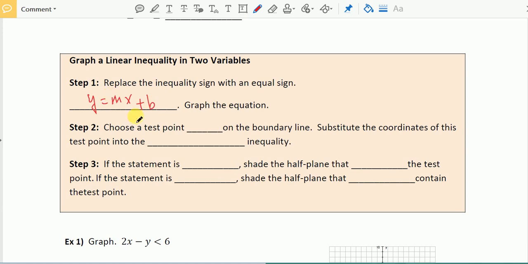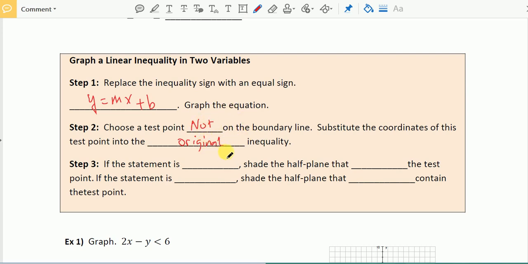Next, you pick a test point that is not on the boundary, not on the equation of the line. Then sub that point back into the original inequality.